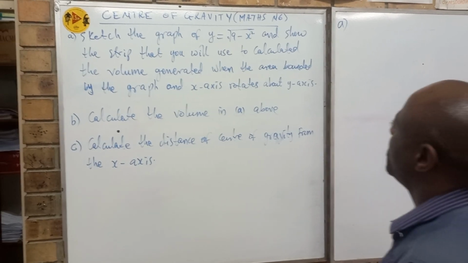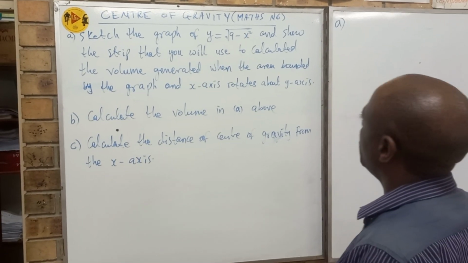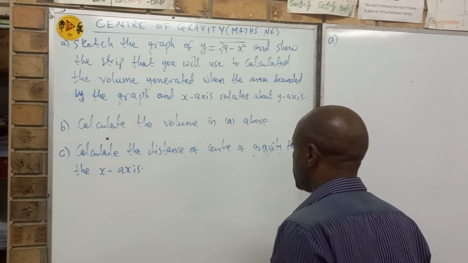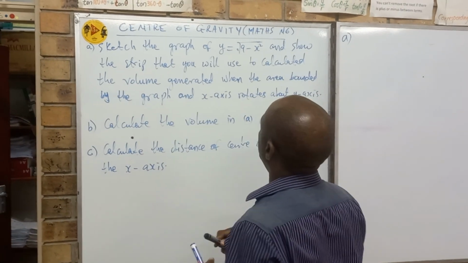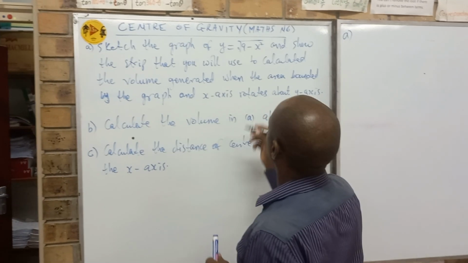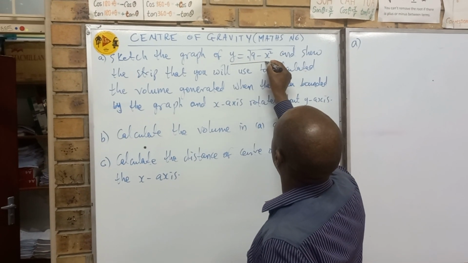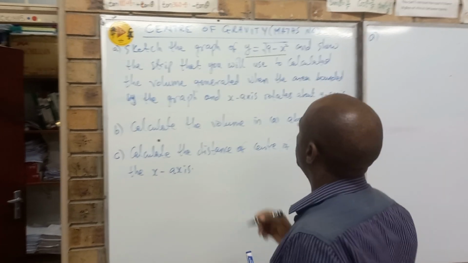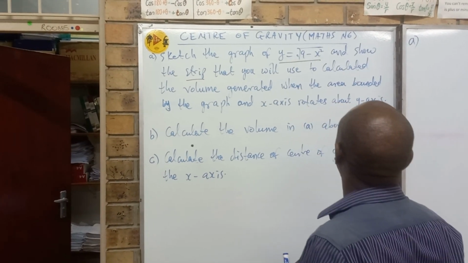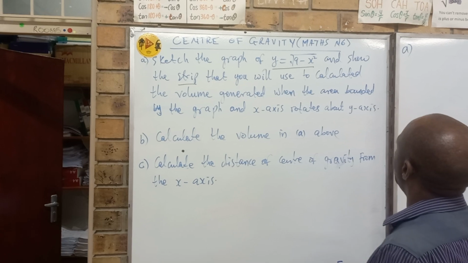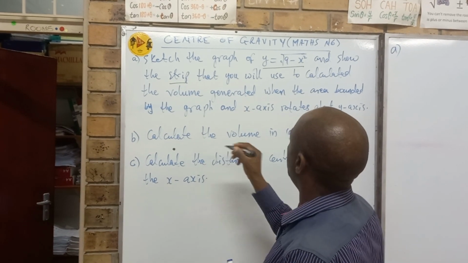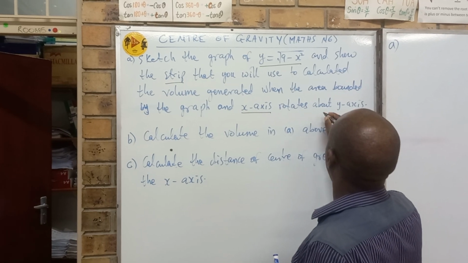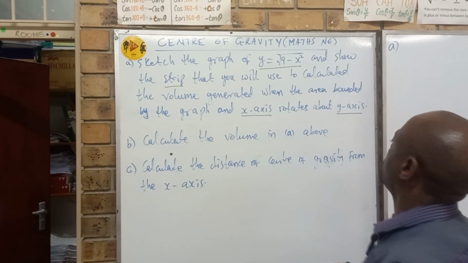Good day, guys. We are now looking at center of gravity on Math 96. So we'll go through this question as before. It says make the sketch of y equal to the square root of 9 minus x squared and show the strip that you will use to calculate the volume generated when the area bounded by the graph and the x-axis rotates about the y-axis.